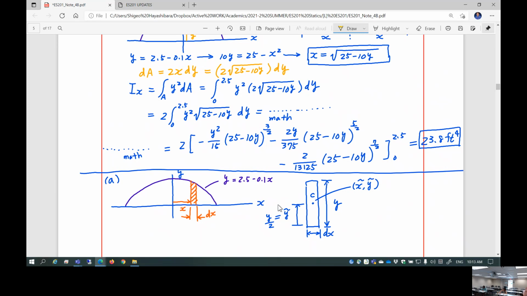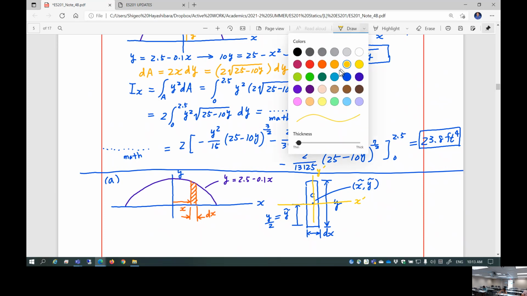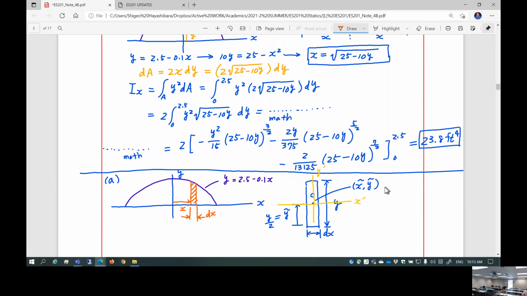So suppose you take a look at the centroidal axis like this. This is the x prime, y prime centroidal axis. And one thing I can tell is Ix prime bar is 1 over 12 b a cubed.